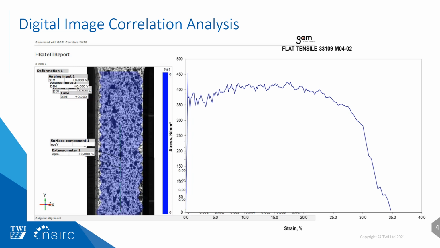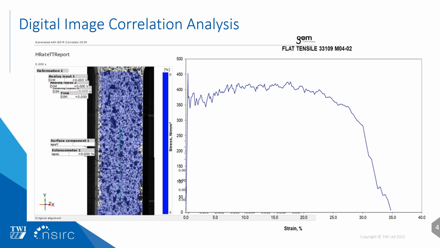We utilize digital image correlation to analyze the results which we've gathered from the experiment. Since it is difficult to use the traditional strain gauge approach to measure the strain in this experiment, we utilize the speckle patterns and a camera, and analyze it in the GeoM software to obtain the strain.